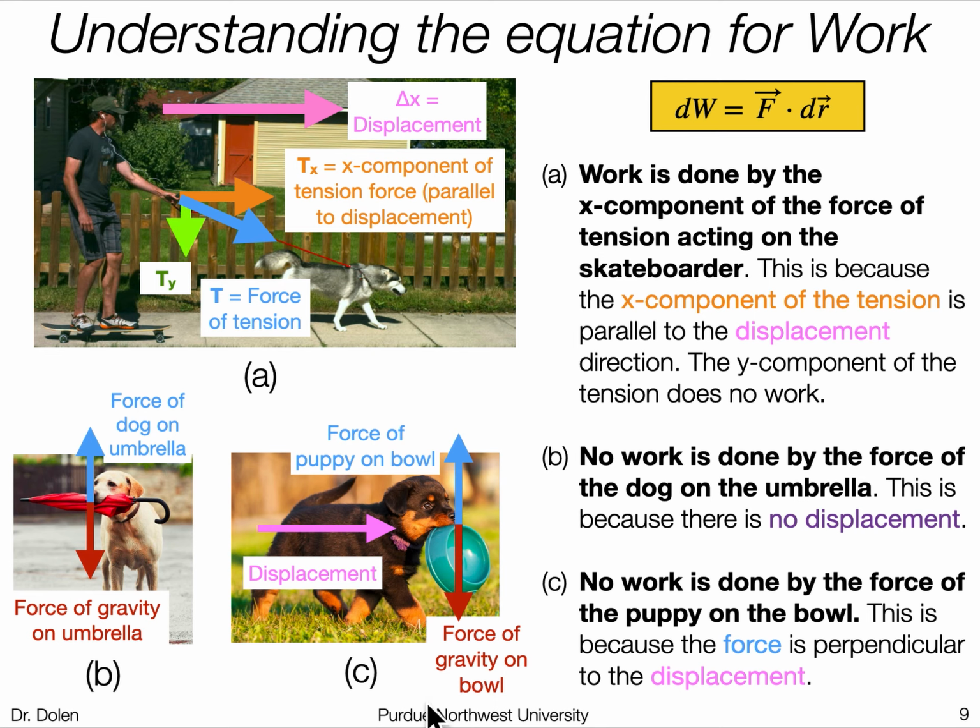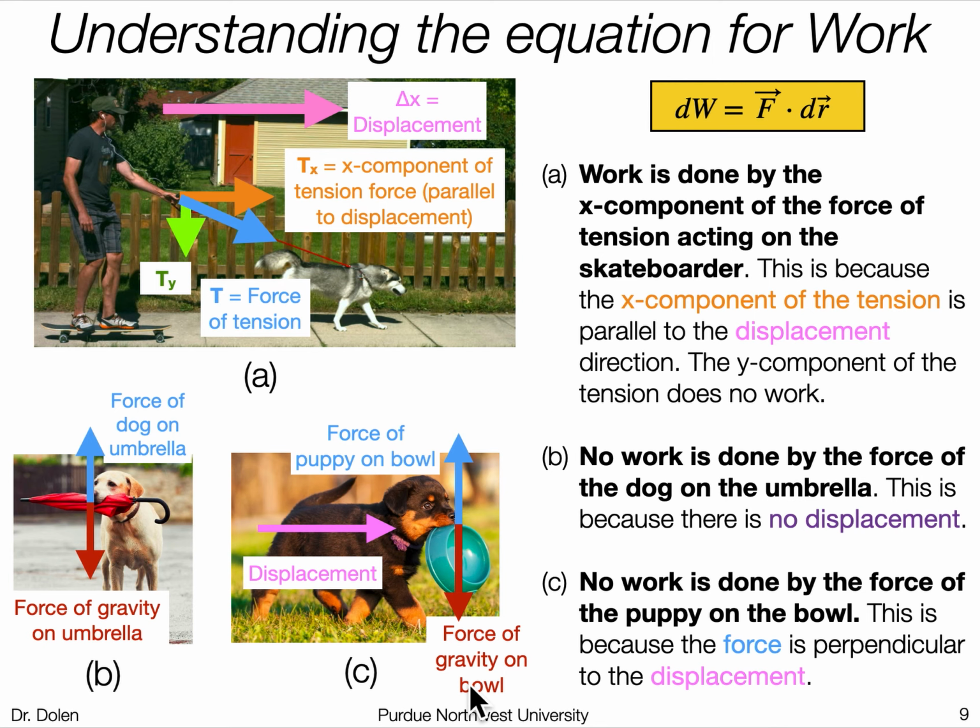And in the last case, case C, we have this puppy carrying a bowl, and the puppy is walking. So that bowl is undergoing some displacement. The bowl is moving in the plus x direction, but all the forces that the puppy is applying to the bowl are in the y direction. We've got the force of the puppy on the bowl upwards, and the force of gravity on the bowl downwards. Right? This puppy is walking at a constant speed.